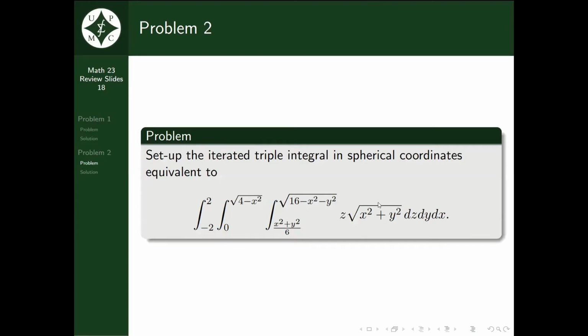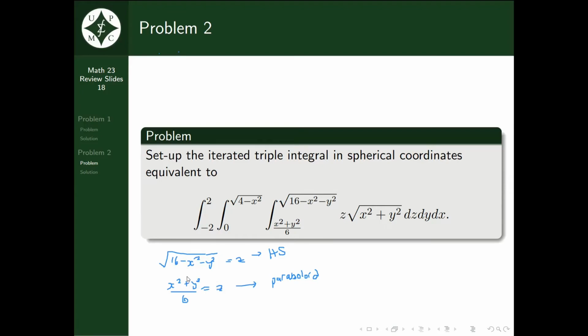As you'll see here, our upper bound for z is this square root, and our lower bound for z is this x squared plus y squared over 6. So we'll note that if we set z equal to the square root of 16 minus x squared minus y squared, this is just a hemisphere. We saw this earlier, except this was 18.